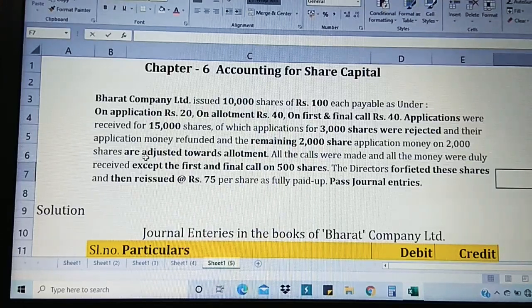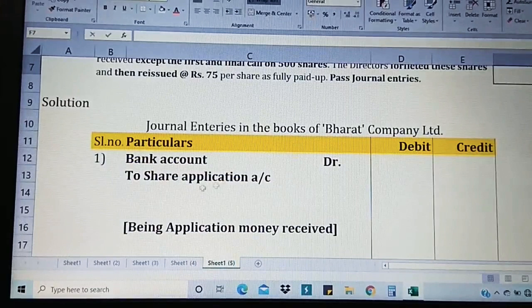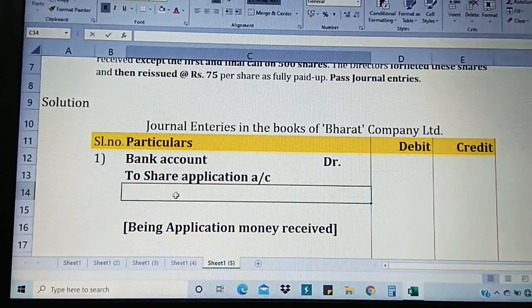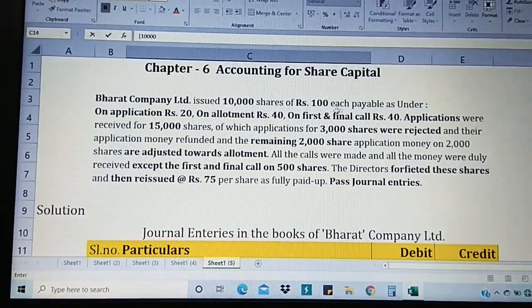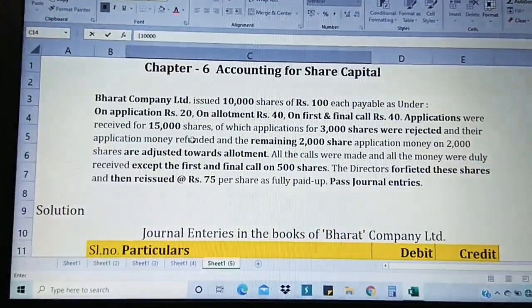What do you think the first entry could be? Everyone should know that at the time of receiving the application money, first it is Bank account debit to Share application account. What comes in, what goes out. Let us observe Bank account debit to Share application account. We're going to go for the calculation now. It is 10,000 shares. Now, are we receiving money for 10,000 shares? No. Observe, applications were received for 15,000 shares.